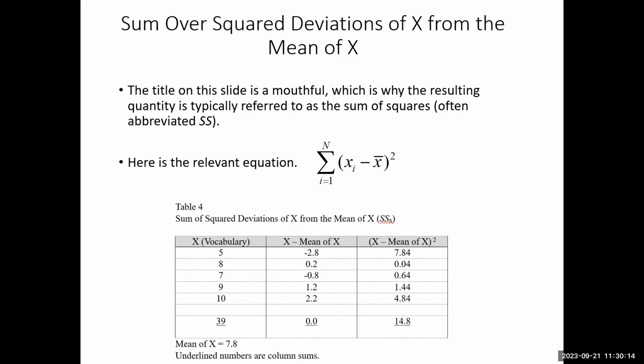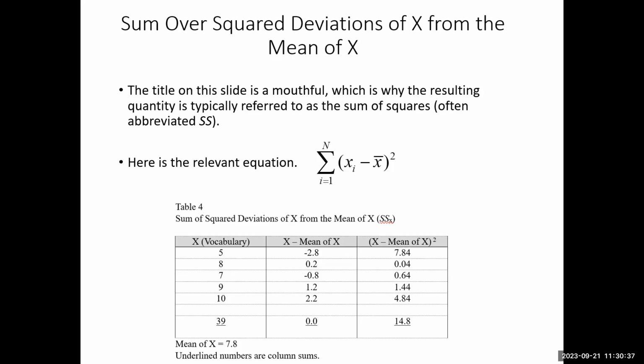So that's telling us we're going to do the subtraction of the mean from each x value. We're going to square that difference, and then we're going to sum over the squared differences. So in table 4, the column on the left has the individual x values. The column in the center of the table has x minus the mean of x.